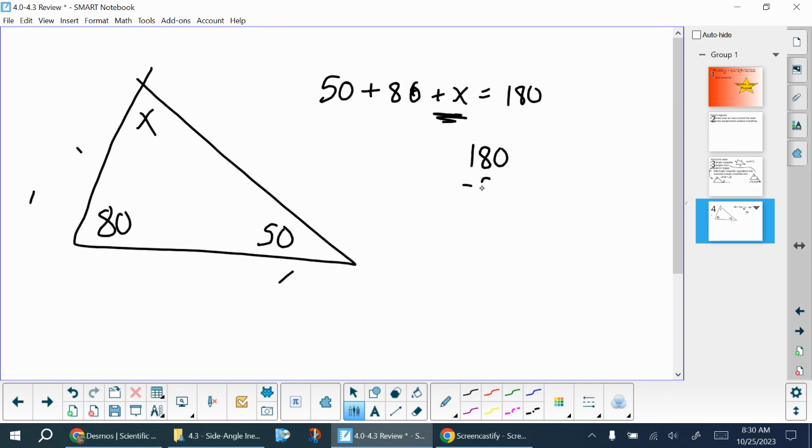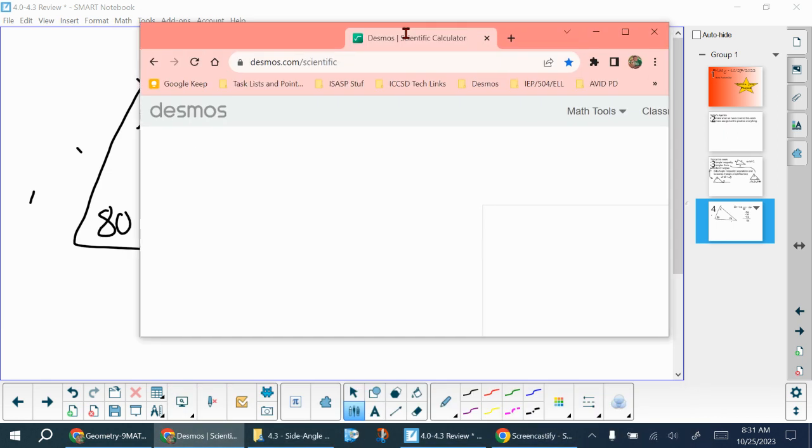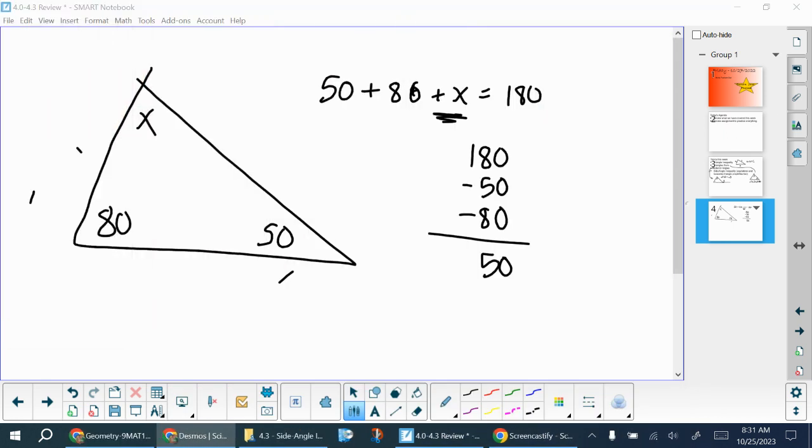I'm going to take 180 minus 50 minus 80, and I'm going to get 50 left over. I would do that on a calculator. I've got mine off to the side here. You can see Desmos. That didn't work when I pulled it over, but I've got it off to the side so that I can do my math. Don't try to do that all in your head, especially if the numbers aren't super nice.